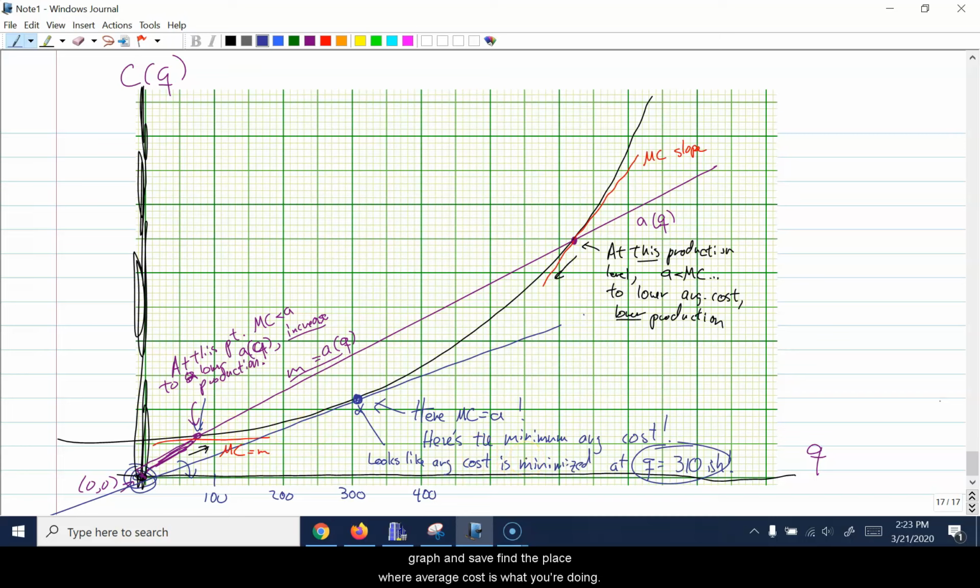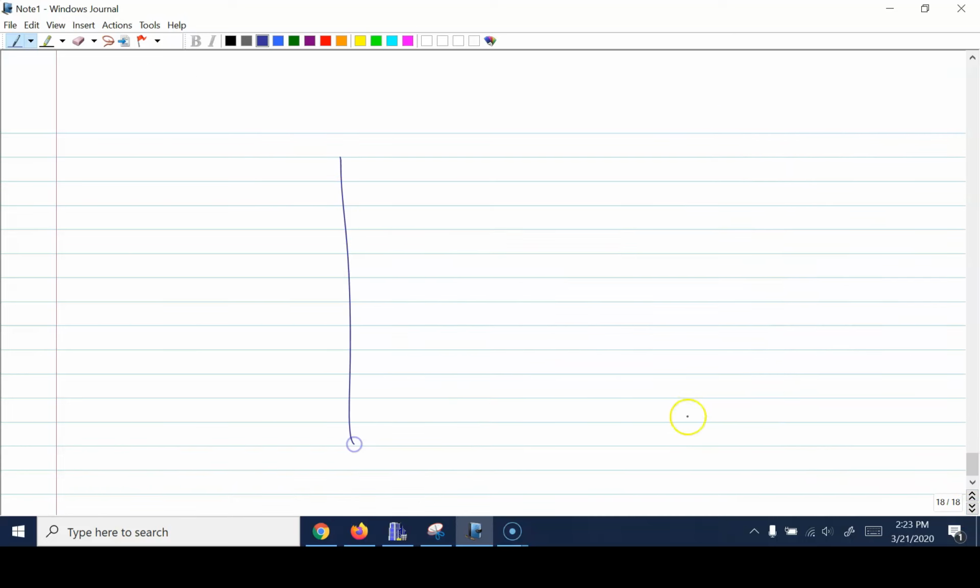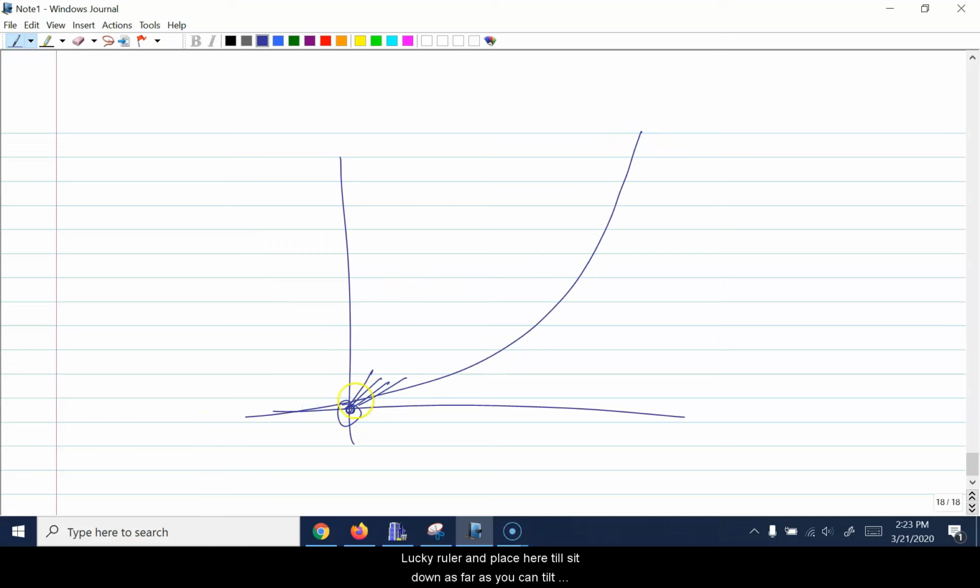And when that happens, what you're doing is you're at 0, 0, imagining all those lines, like lock your ruler in place here, tilt it down as far as you can tilt it and still hit the curve. The lowest you can do it and still hit the curve, the place where you just grazed the curve, the fact that you are just grazing the curve means that at that point the average cost line is the tangent line, and that is the place where average cost is minimized.